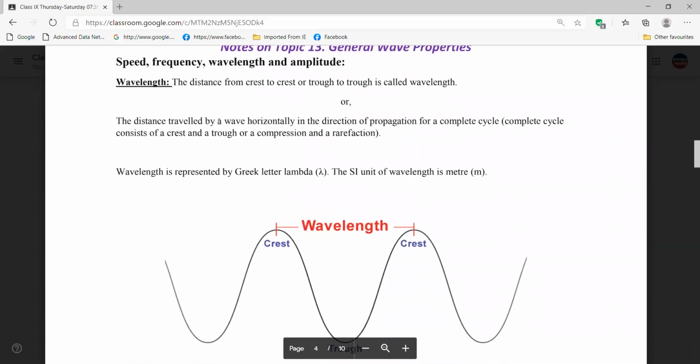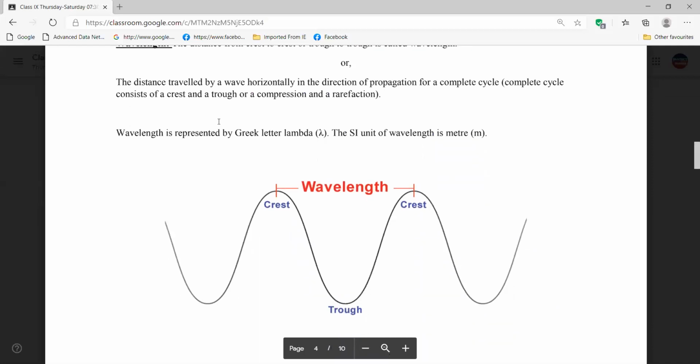Now we will try to understand some of the terms related to waves. First of all, wavelength. We can represent a wave this way, right?